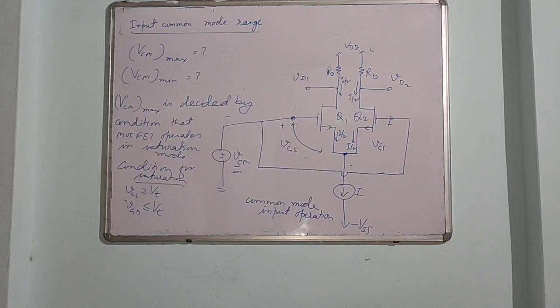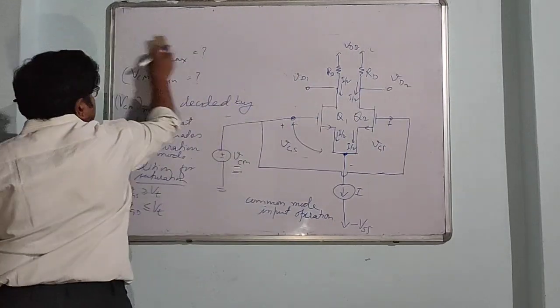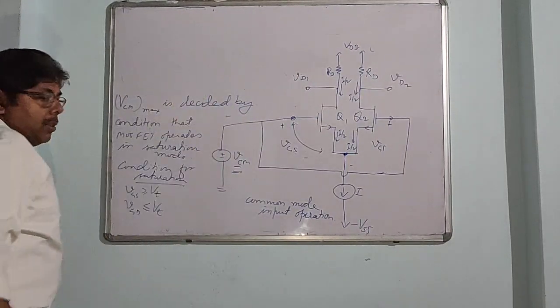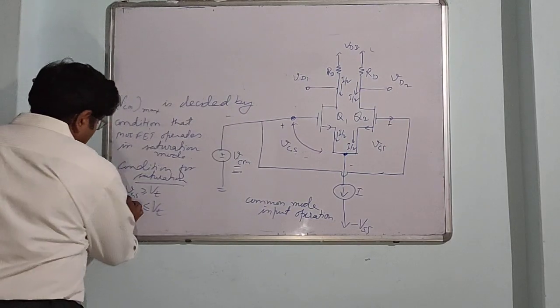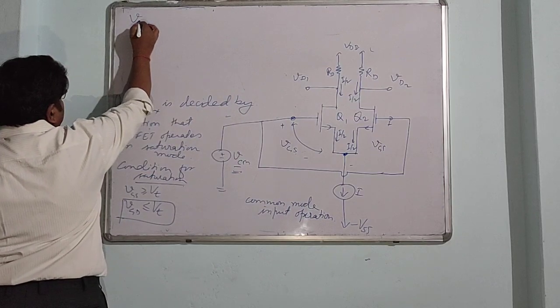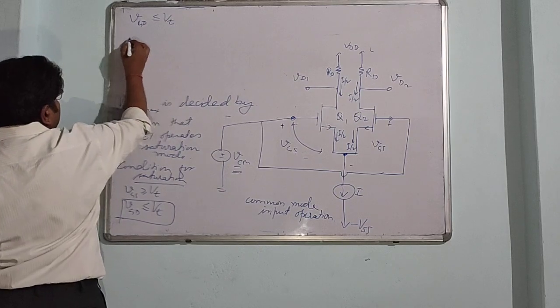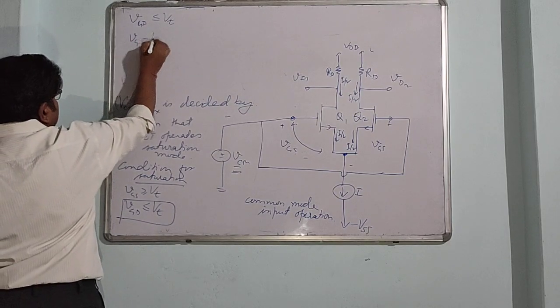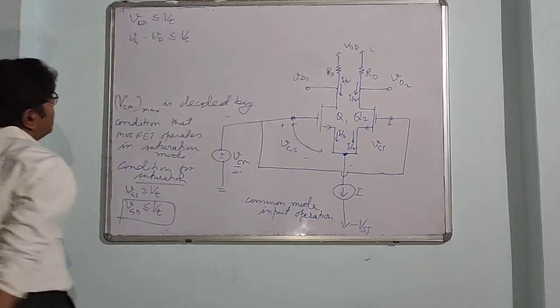By using these, we can find the maximum value of common mode input. So from here, VGD, this gate to drain voltage, that is VG minus VD, must be less than VT.